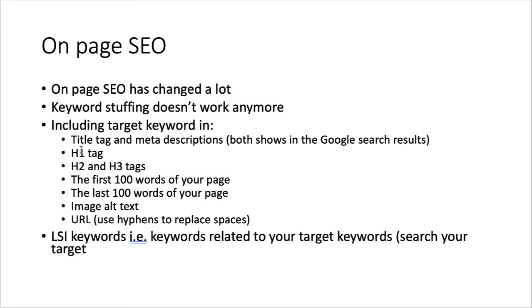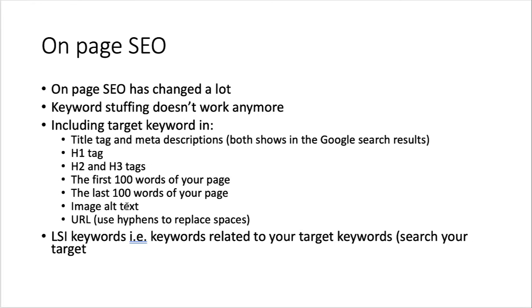You should also include your target keyword in the H1 tag, and you should also include it in your H2 and H3 tags. There is also research showing that it's better to put target keywords in the first and last 100 words of your page and use it for the alt text for your image. And of course, in the URL, you would like to use your target keyword as well and use hyphens to replace spaces.